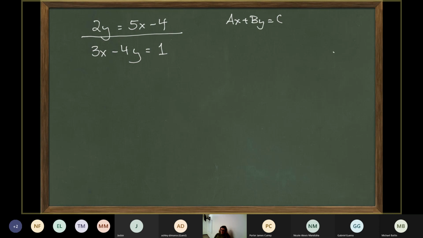Now you can see that this first equation is not in that form. How do we get it there? We're going to have to subtract 5x and write the x first. So my first equation became negative 5x plus 2y equals negative 4.